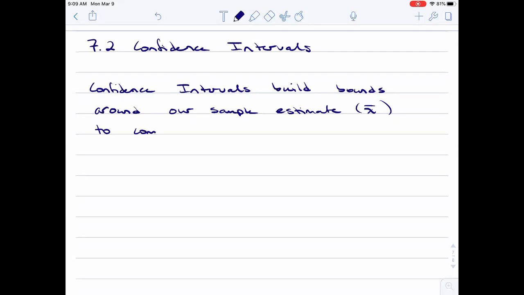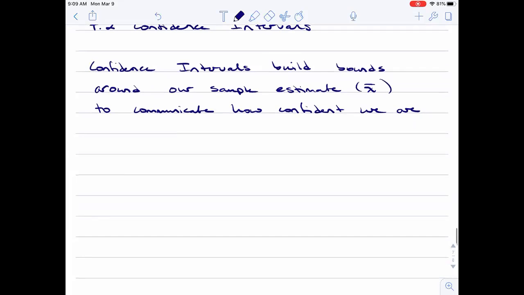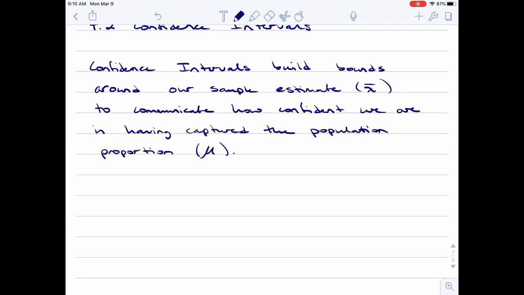To communicate how confident we are in having captured the population proportion. That's in general, but in our case, if I'm talking about the sample mean, the population equivalent would be mu.